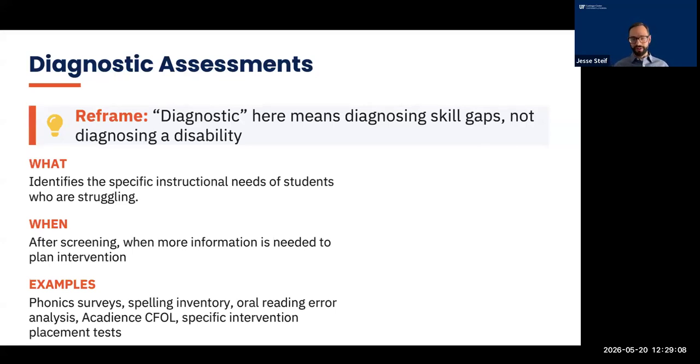There are a lot of types of diagnostic assessments out there, including things like phonics surveys that are able to assess specific decoding or phonics skills that students do and do not have. Spelling inventories, where we have students spell a series of words and do some good error analysis to figure out what phonics skills they can and can't spell.